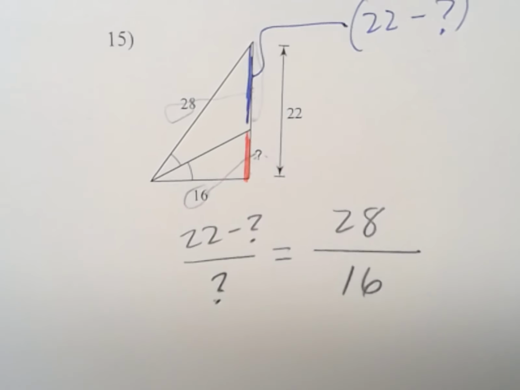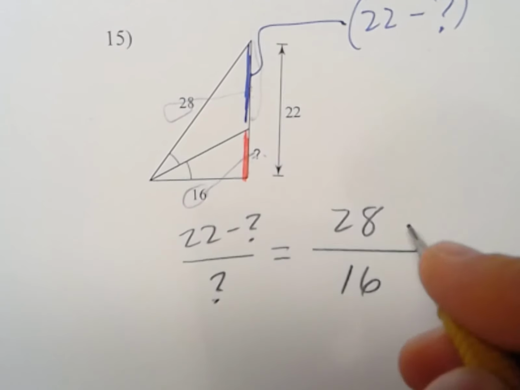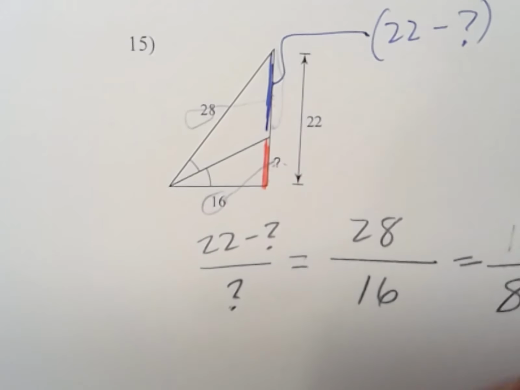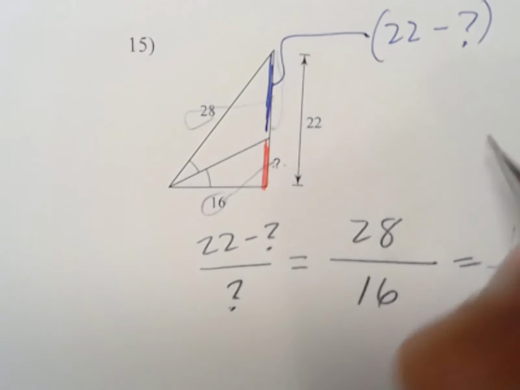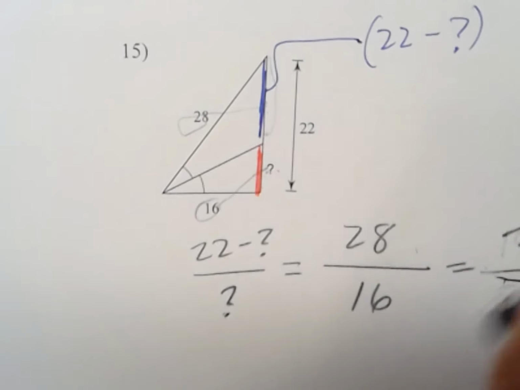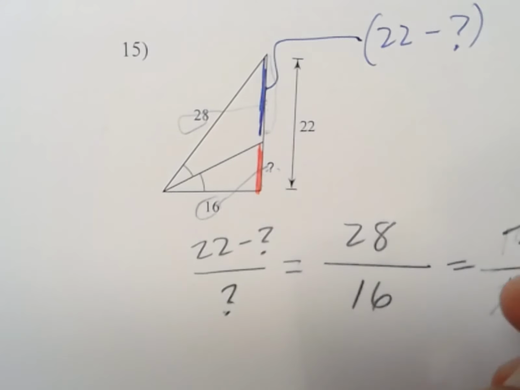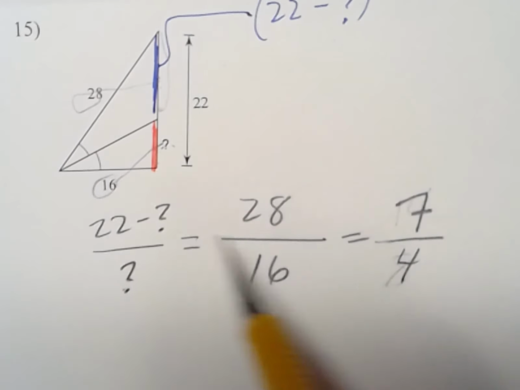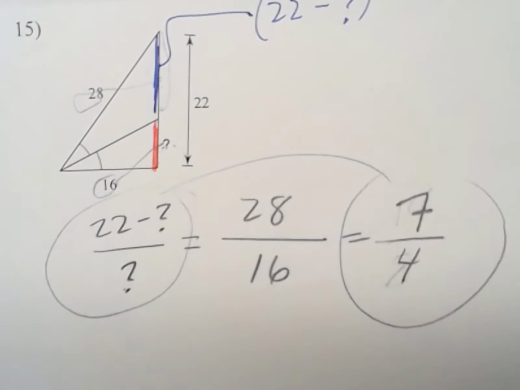Okay. I can reduce this fraction right here. That would give me 14 over 8, which I could have reduced further, excuse me. 28 divided by 4 is 7, and 16 divided by 4 is 4. So that's actually what this thing equals, this thing.